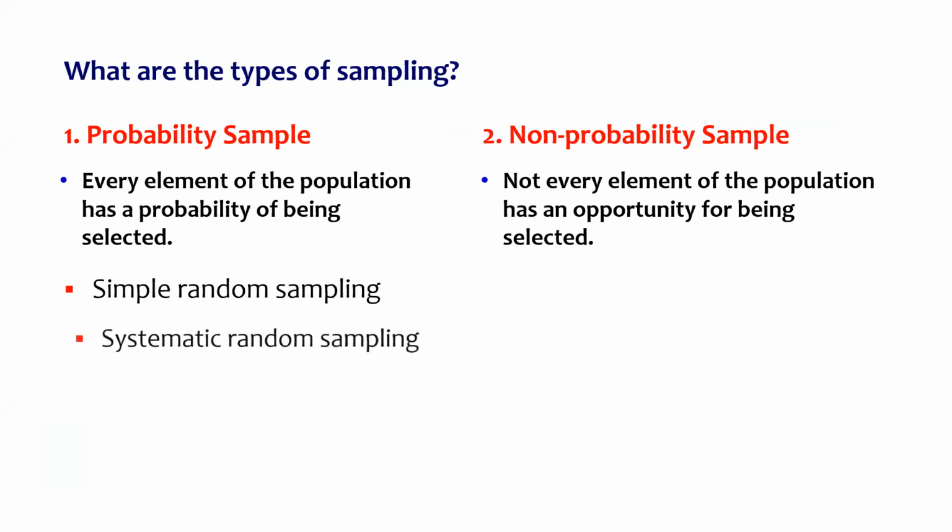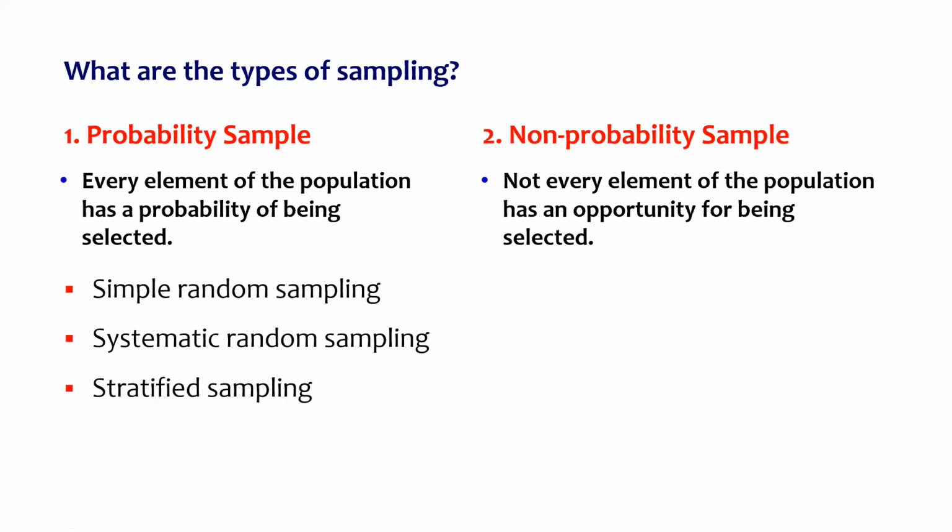There are examples. Of course, I am not going to go through these examples in detail, because I just want to show you what sampling is and why it is important to have good sampling. But probably in the future we may go through each one of them if we have a chance to do a workshop. The probability sampling types are simple random sampling, systematic random sampling, stratified sampling, and cluster sampling.